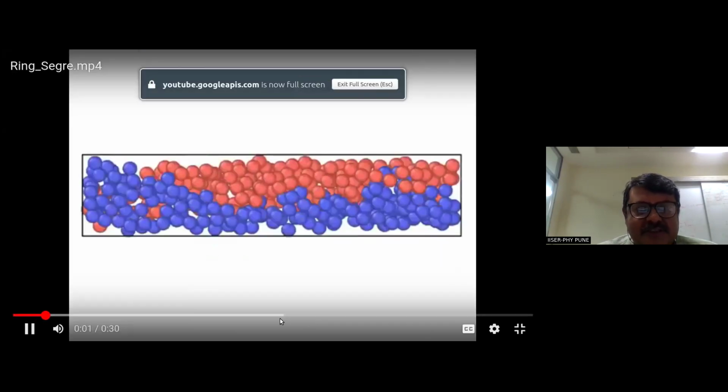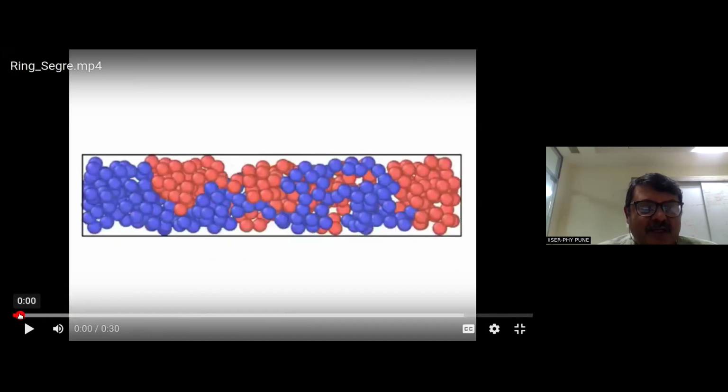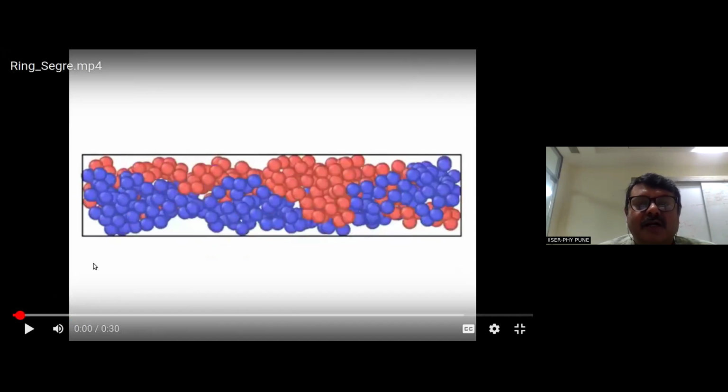And what you have initially, I'll stop the video. The red and blue are two identical chains. They have no attraction. The only interaction is the chain connectivity, and that two particles cannot sit on top of each other, the excluded volume interaction. We have taken special care to start them off in the mixed state.